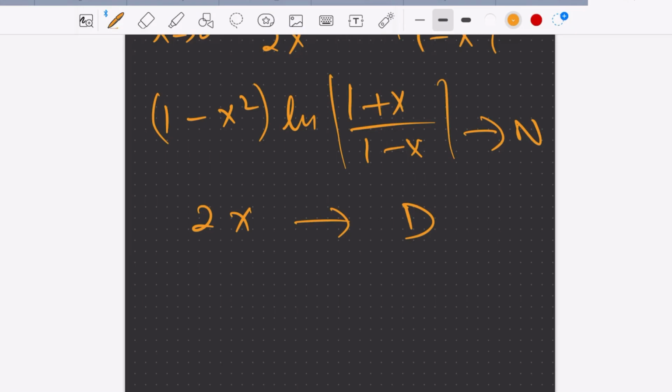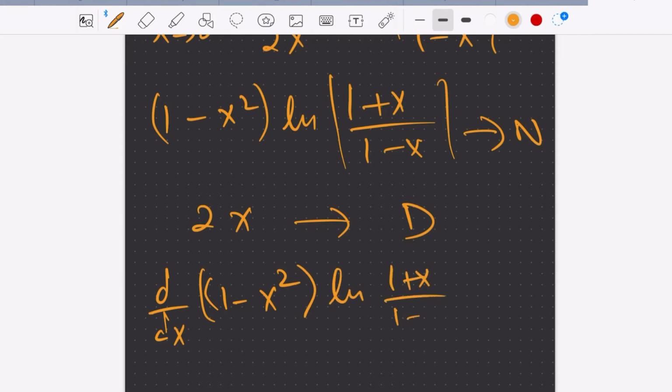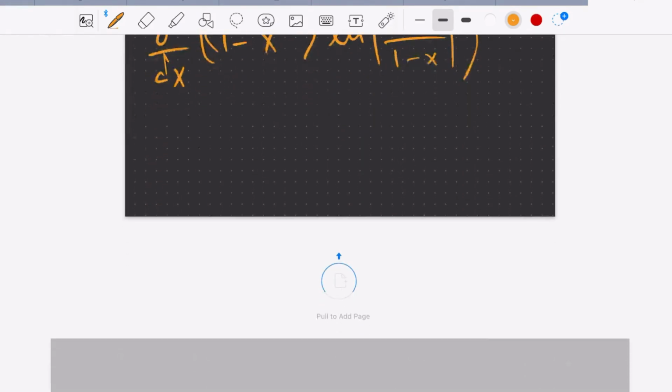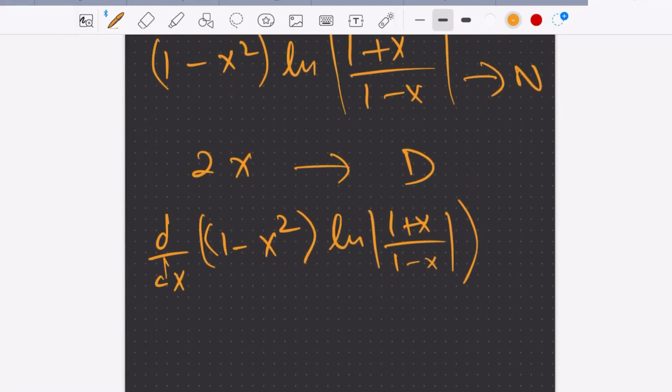So first take the derivative of the numerator. So d by dx of (1 minus x square) log of (1 plus x over 1 minus x). For this we have to use the product rule. The product rule states that I have to take the derivative of a and leave b as it is, plus the derivative of b and leave a as it is.